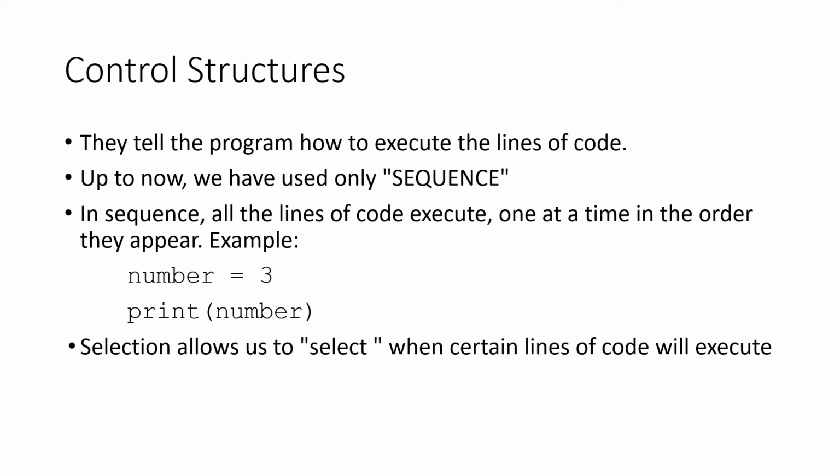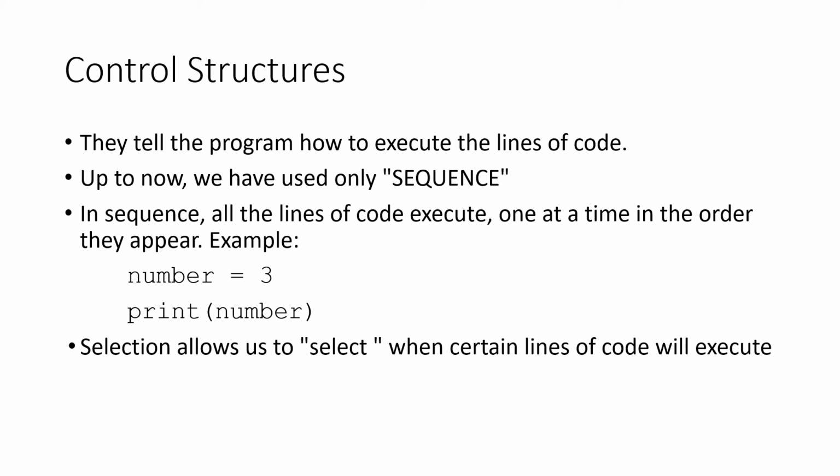Until now, we have used only sequence, and in sequence, all the lines of code execute one at a time in the order they appear. So for example, when we had in a program the two lines of code, number equals 3, the value 3 is assigned to the variable named number, and after that, the value stored in number will be displayed to the screen.